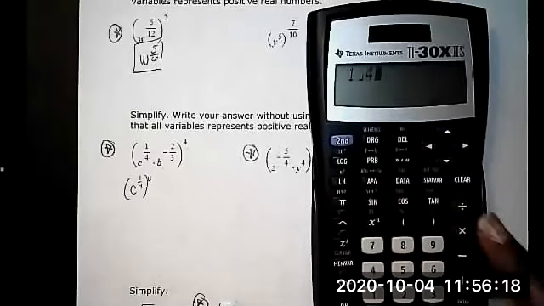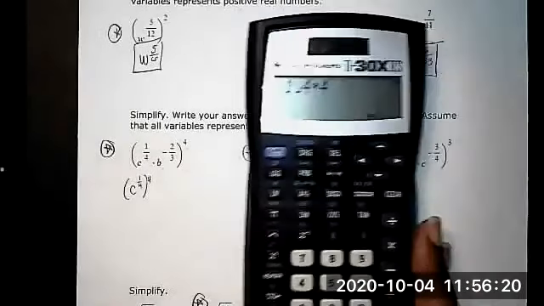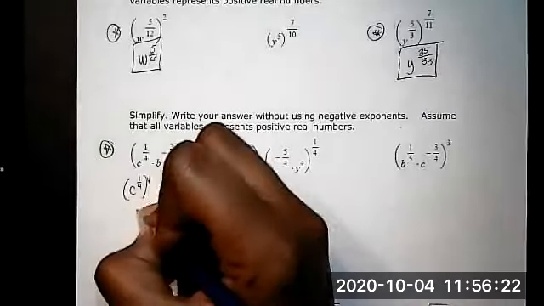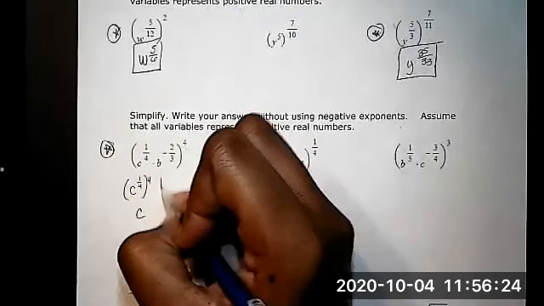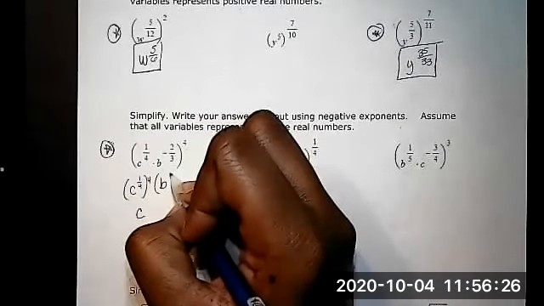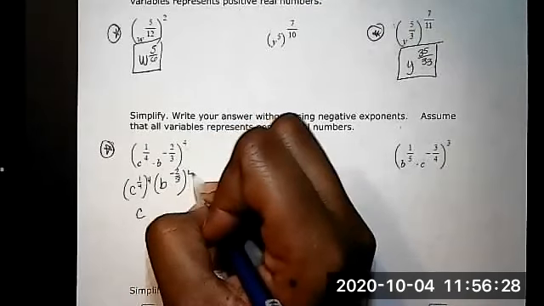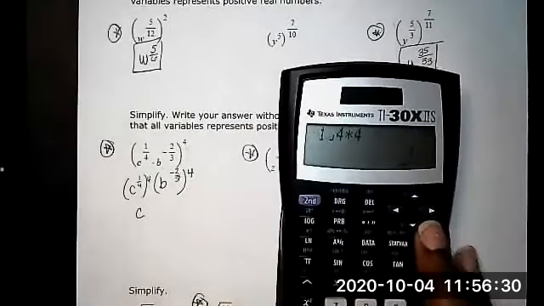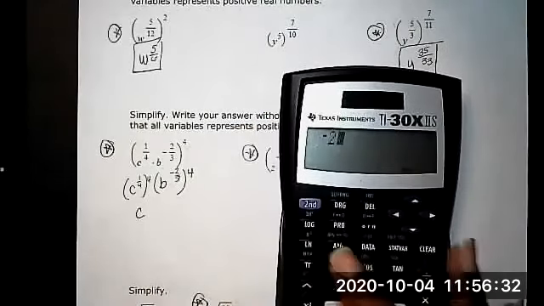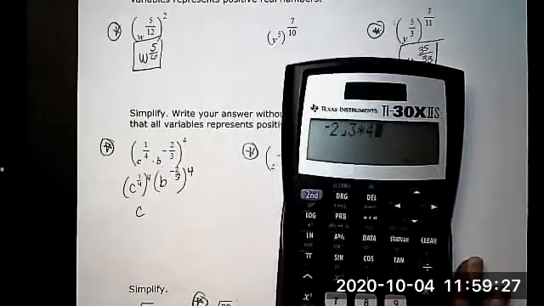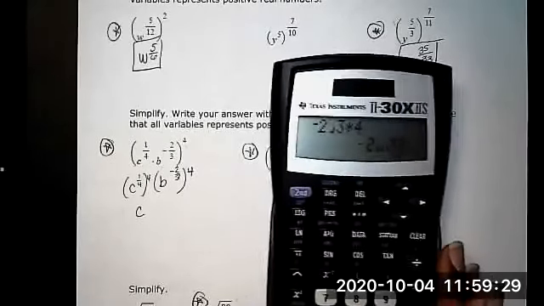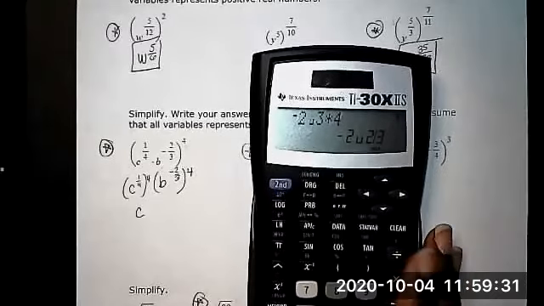1/4 times 4, our answer became 1. All right. So that's why that becomes C to the 1 power. And then of course, with this one, you have to also multiply it by 4. So we're going to take -2 over 3 times 4, and that will give us -2 and 2/3.